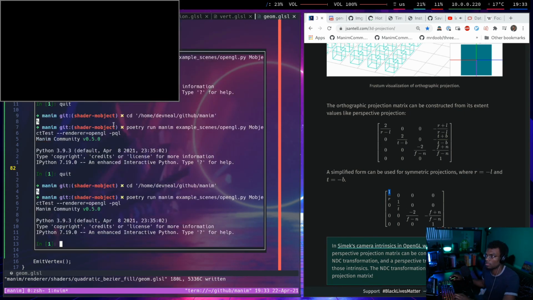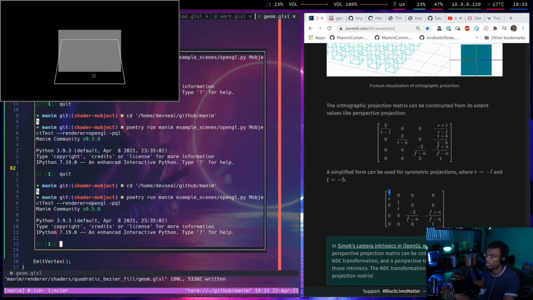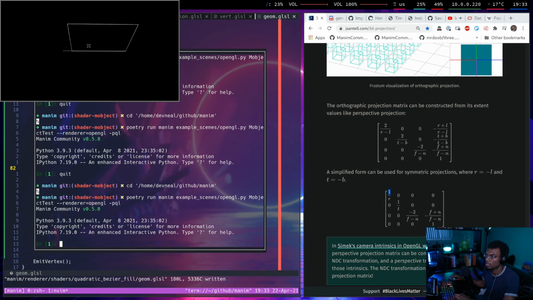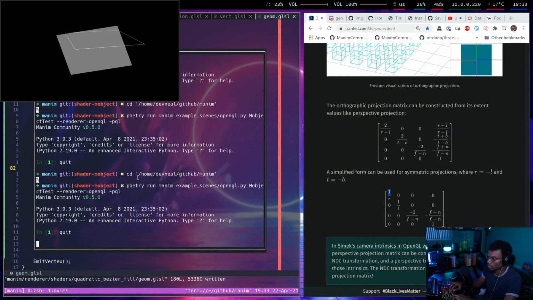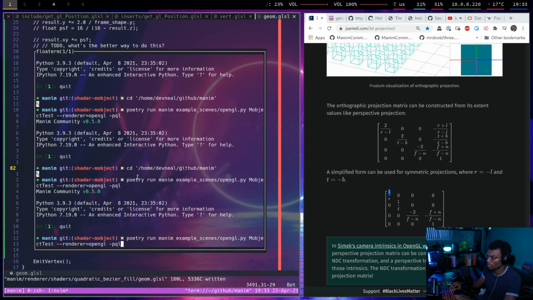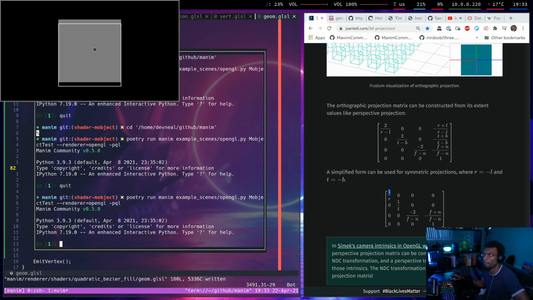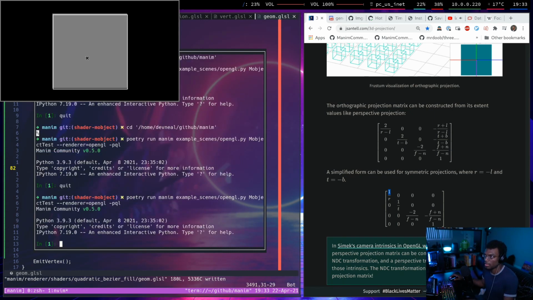Although these aren't being affected by zoom. Why? Why would camera zoom not apply to these?